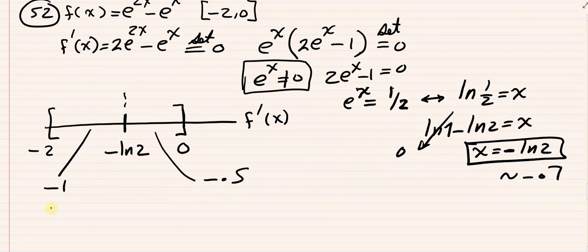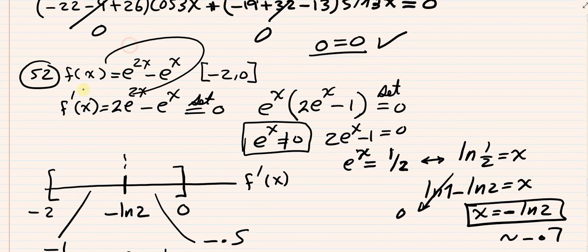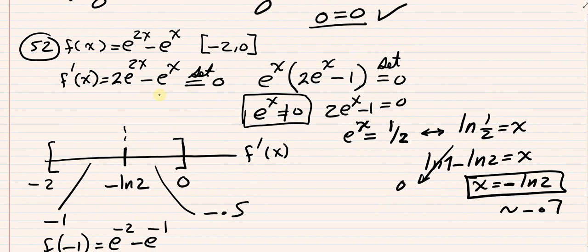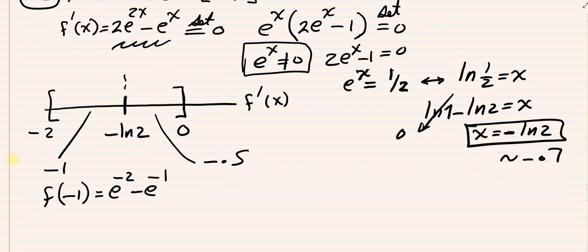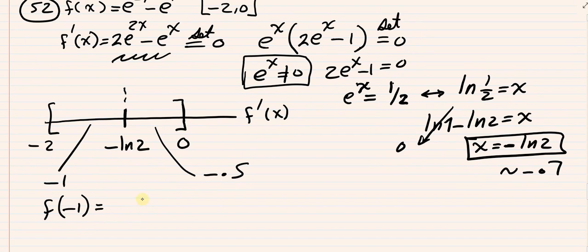Okay. Now f at -1 would be e to -2 minus e to -1. Oh actually, I'm sorry, I have to go to my derivative right here. So sorry, take that back.